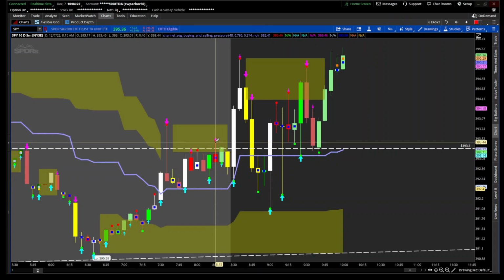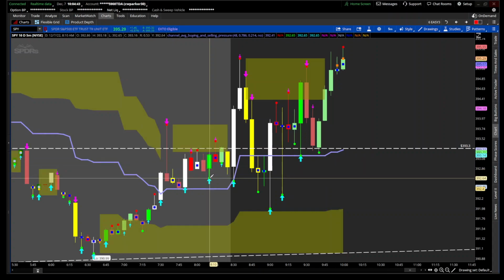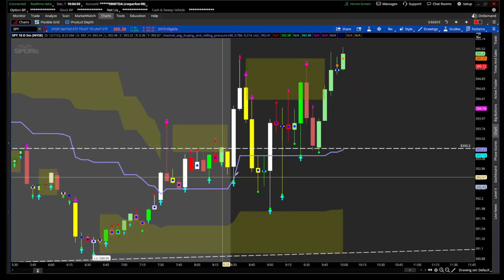And vice versa with the red dot, if a stock makes a new high, but the high minus the close is greater, then you get a red dot. I probably said that wrong. So if the stock makes a new low and the range of the close minus the low is greater than the range of the high minus the close, then you get a green dot. So that's how those dots work.